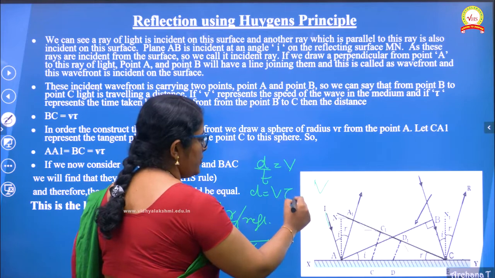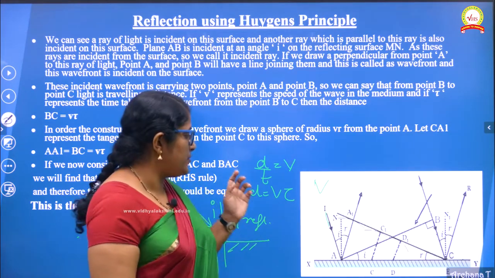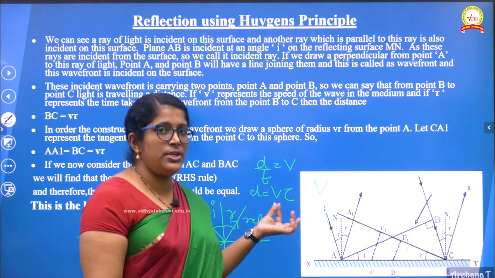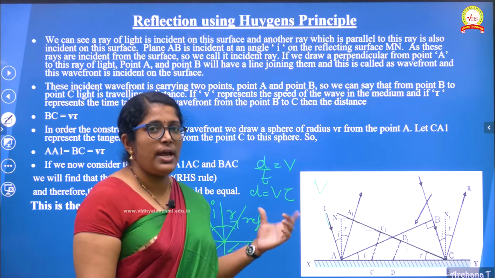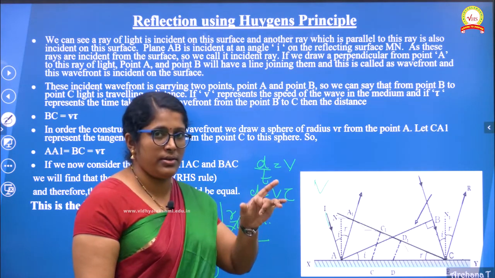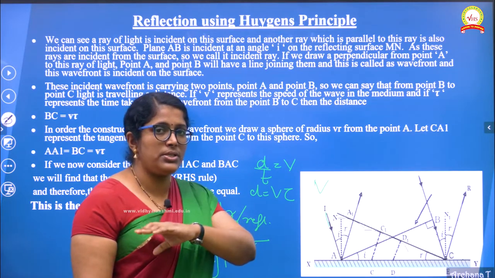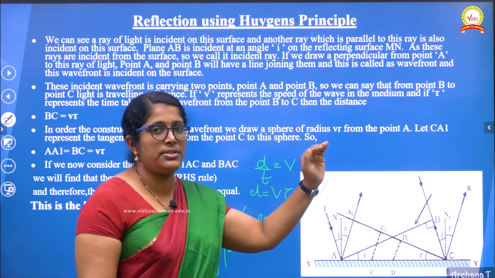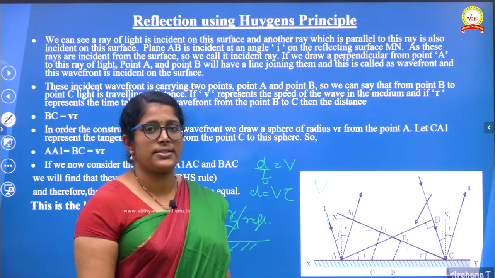Velocity into tau. Now I am going to take the time as tau. If you take the value V into tau and draw an arc, then if you draw for different points and combine all these tangents, you will get the reflected wavefront. That's what we discussed in last class.